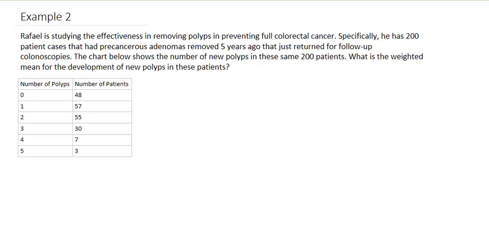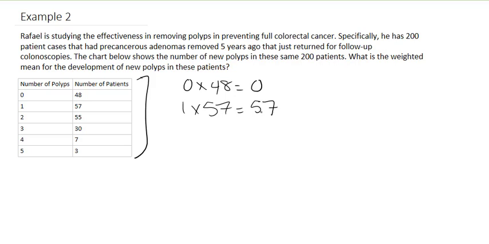So, like before, we need to multiply each of these lines together. So, we would begin with 0 times 48, which is 0. 1 times 57 is 57. Now we have 2 times 55, which is 110.